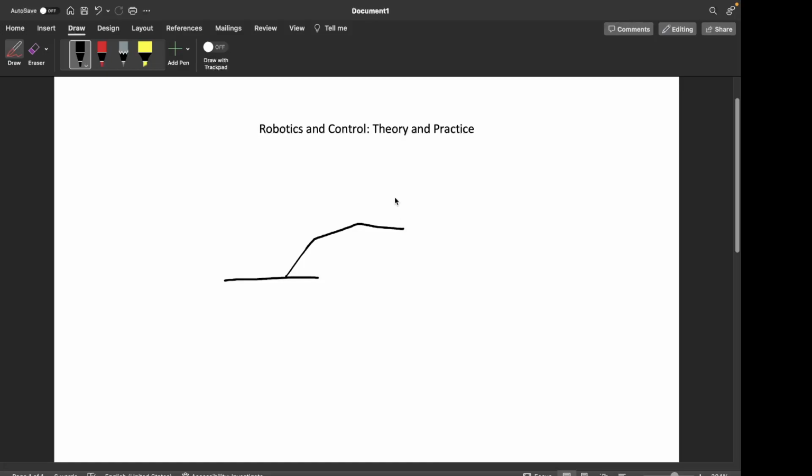In this, the base link is also counted as the first link. So we have 3 degrees of freedom.